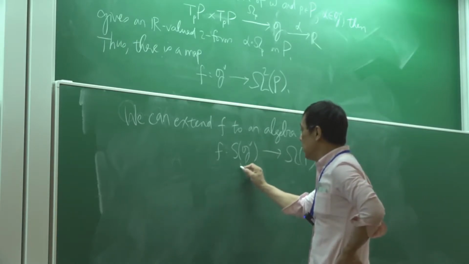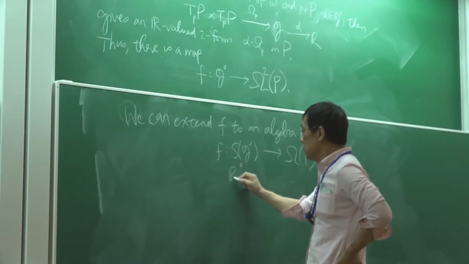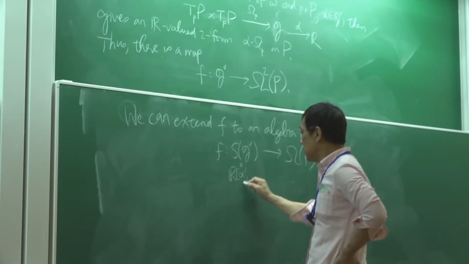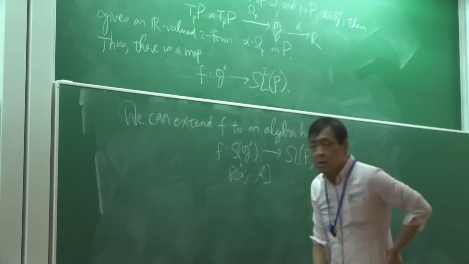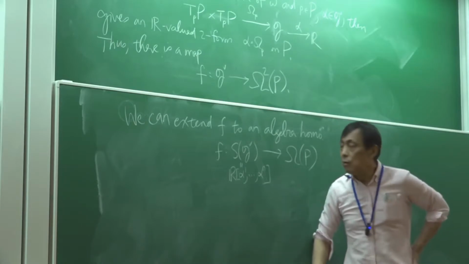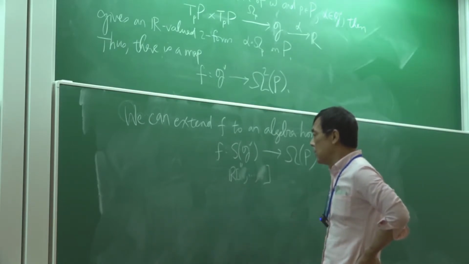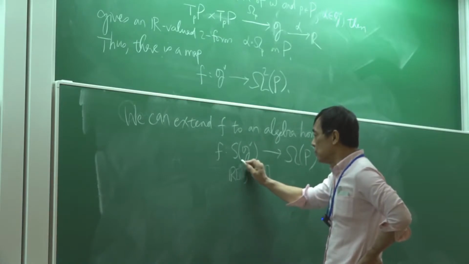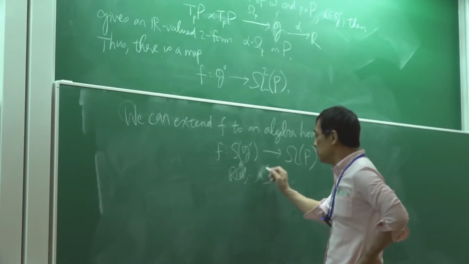So the symmetric algebra is the polynomial algebra generated by, now I'm calling them, this is isomorphic to, I'm calling them u1 to un.